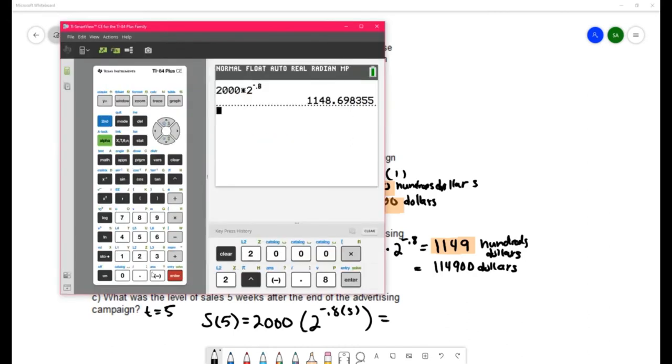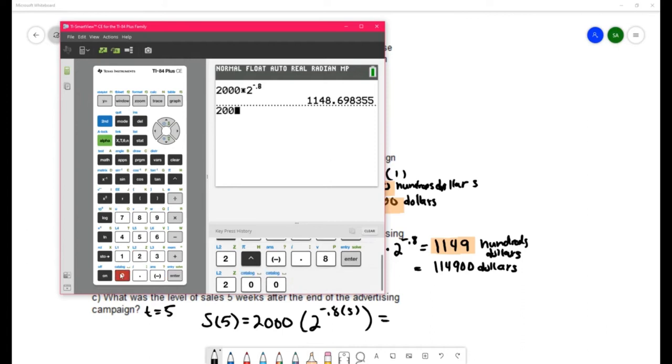We're going to do 2,000 times 2 to the negative 0.8 times 5 to get 125. So you can see that the sales are dropping off.